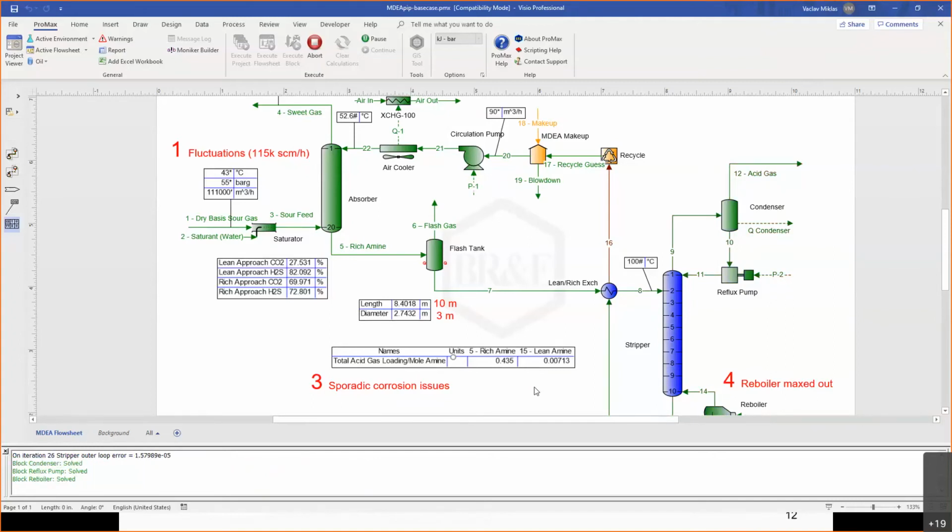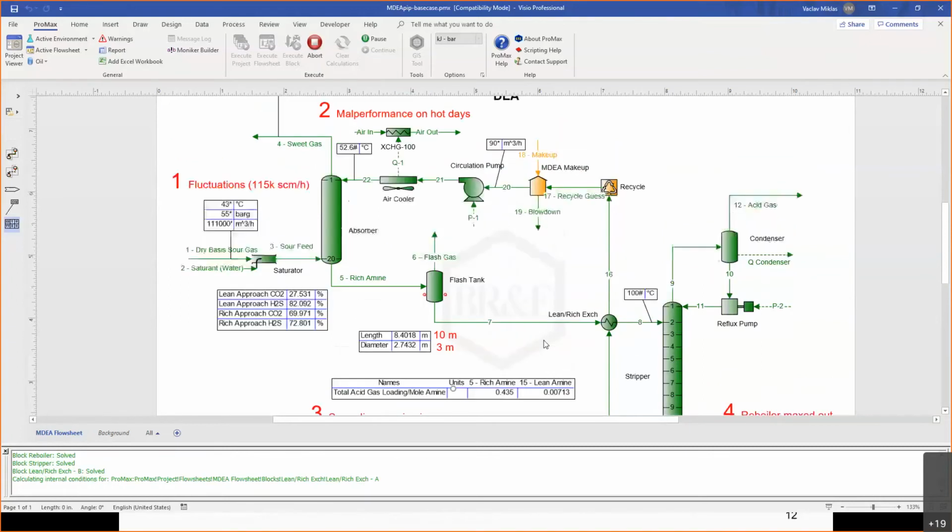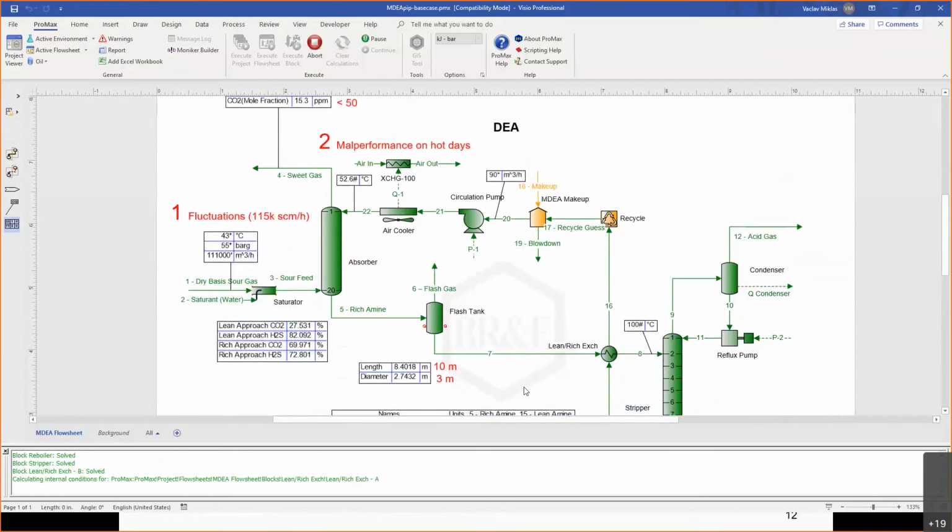The other question we have here is, why not DEA with piperazine? Is there any specific reason? Well, that could probably work in terms of improving efficiency towards CO2 removal. The reason why we want to use MDEA with piperazine here is that MDEA has a lot of advantages over the other amines. For instance, it is not as corrosive, so it can be used at higher rich loadings, which is something I also did here.